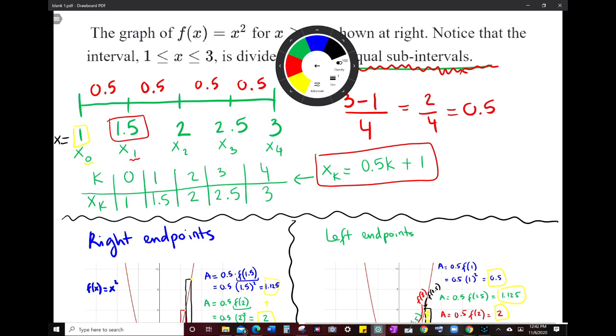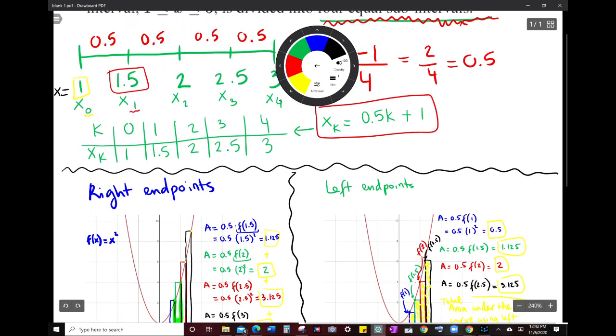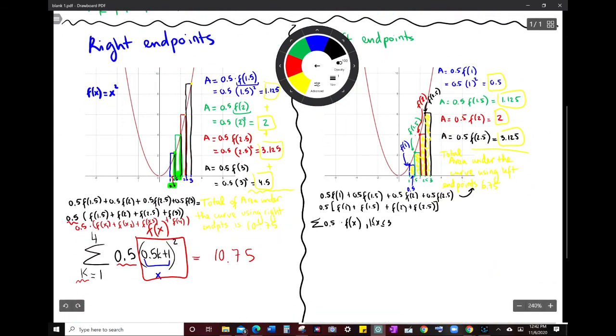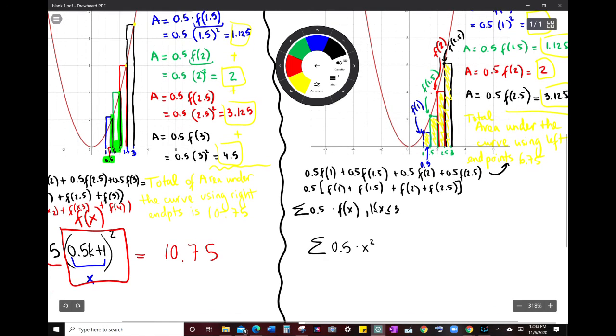And then I will write the equation for this. For this problem, I already have x of k, so I will use it. So x of k equals 0.5k plus 1. From here, I will convert it to sigma notation: 0.5, and f of x, the function will be x squared. However, I cannot use the value of x because I have 1.5 and 2.5 as decimals. So I need to use only whole numbers.